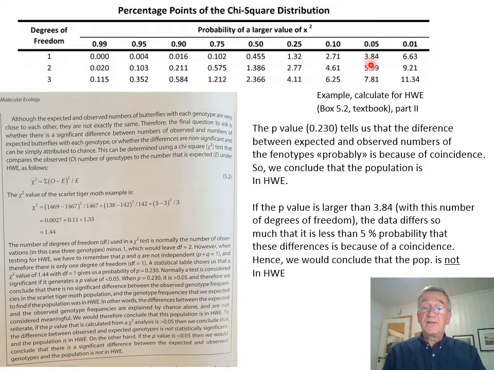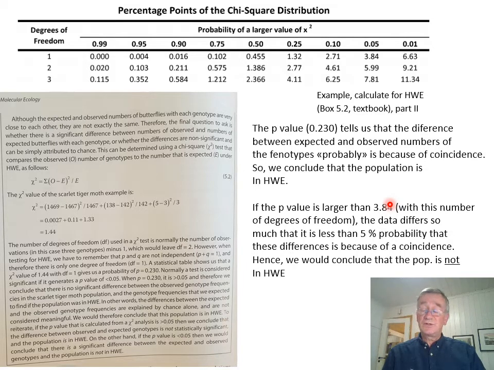And we see here 3.84. So if we get a chi-square value which is larger than 3.84 with 1 degree of freedom, then the data differs so much that we say there is less than a 5% probability that these differences we observe are because of a coincidence.